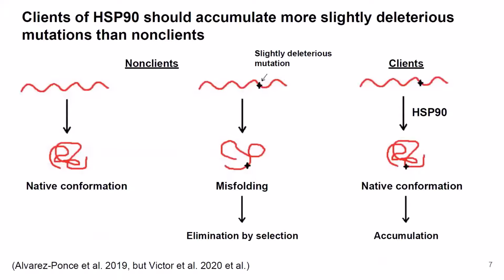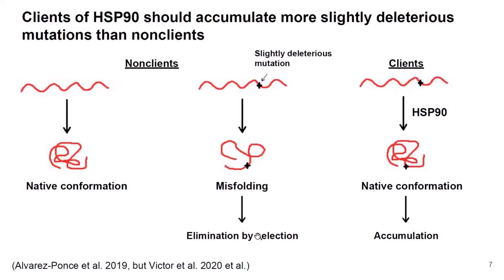Next, we expect that client proteins of HSP90 should accumulate more slightly deleterious mutations compared to non-clients. In a non-client protein, whose folding is not dependent on HSP90 activity, a slightly deleterious variant that disturbs the native conformation of the protein will appear.